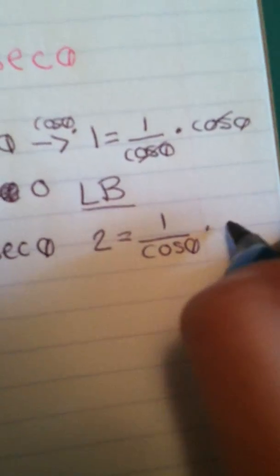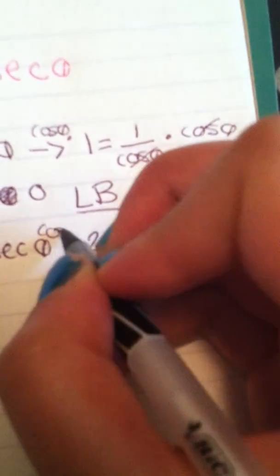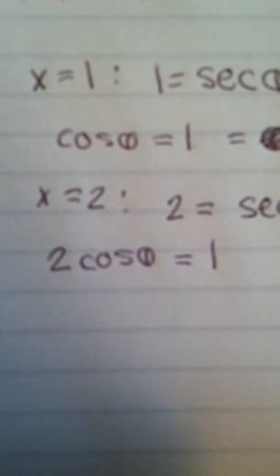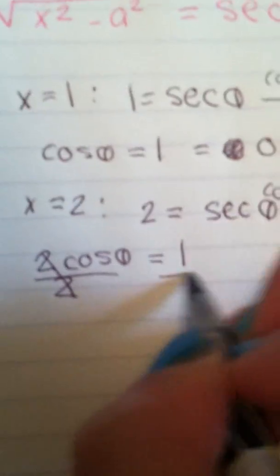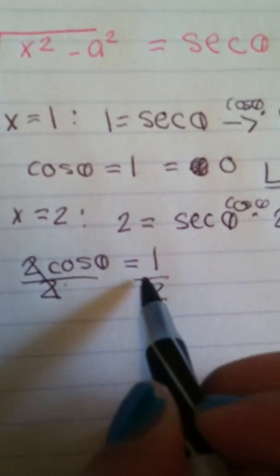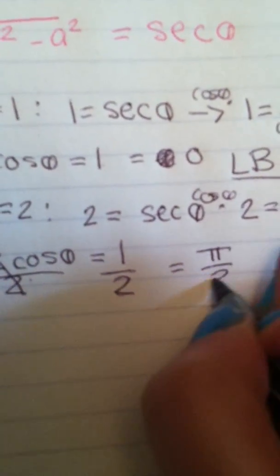Doing the same thing, we just multiply by cosine theta on both sides, which now would give us 2 cosine theta is equal to 1. Divide by 2. At what value of theta does cosine equal 1/2? And that is pi over 3, which is now our new upper bound.